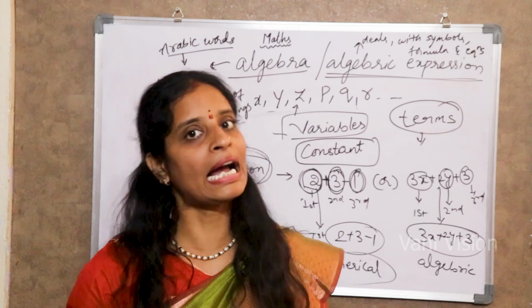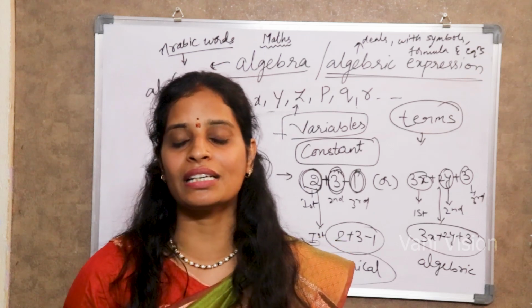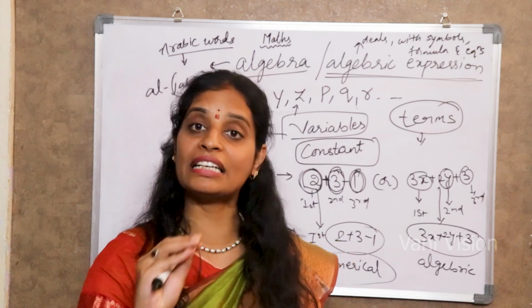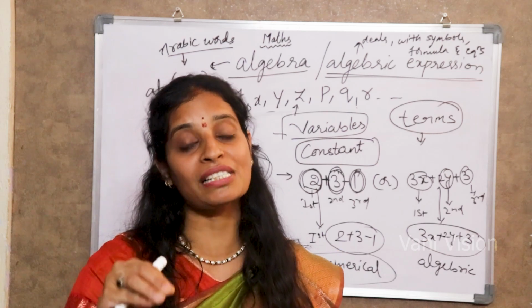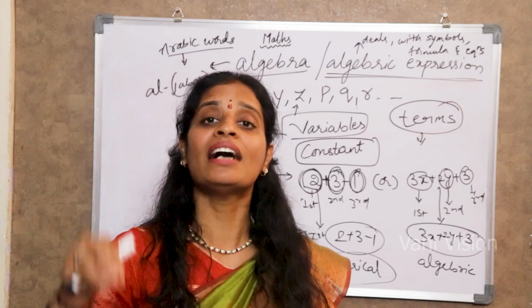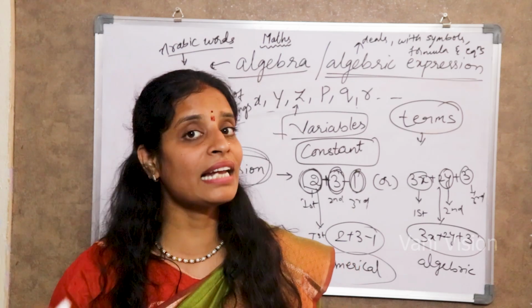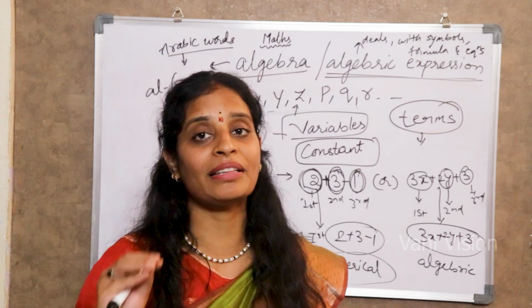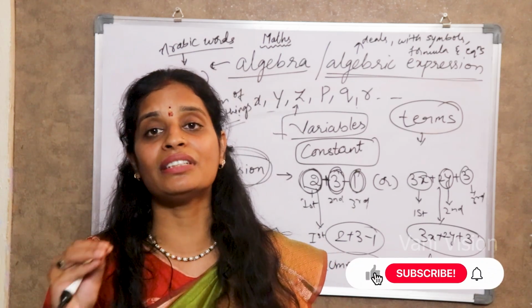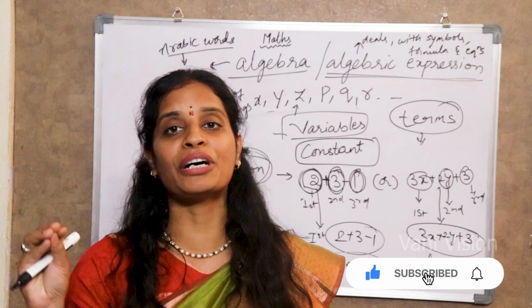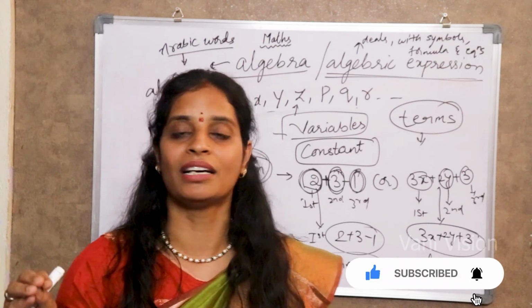So don't worry, I am here to clear all your doubts. No problem, I am going to explain clearly with my tricks how to do algebraic expressions, how to add, multiply and subtract them. You are going to learn it very clearly and do it without any mistake. Clear?